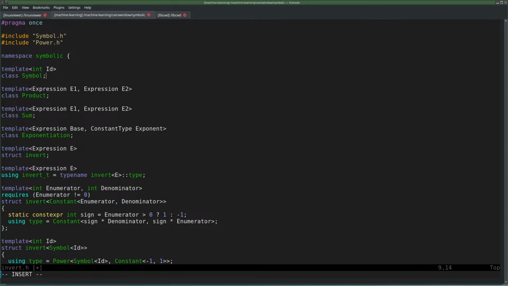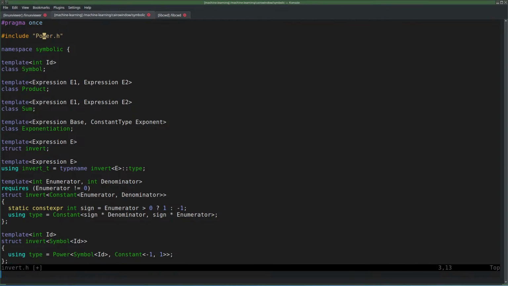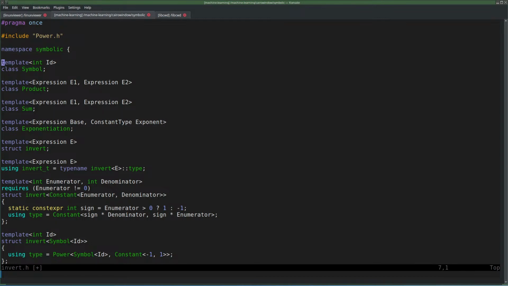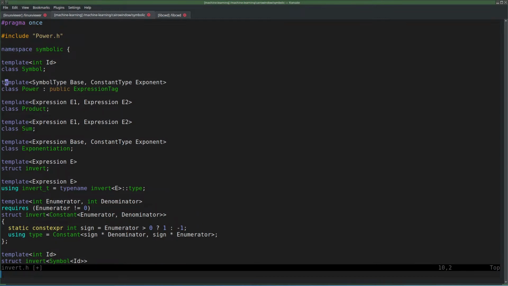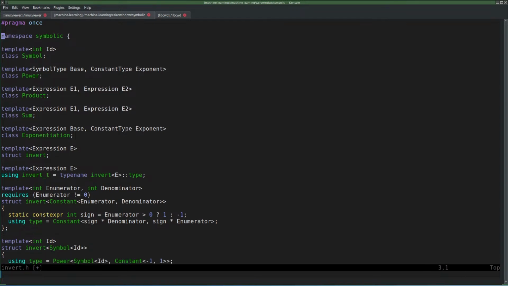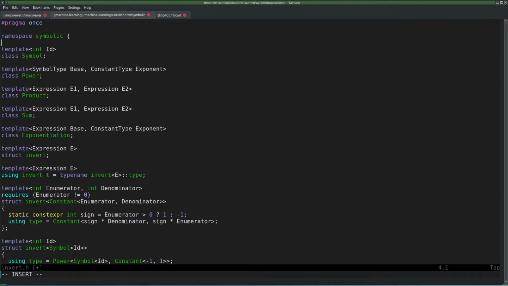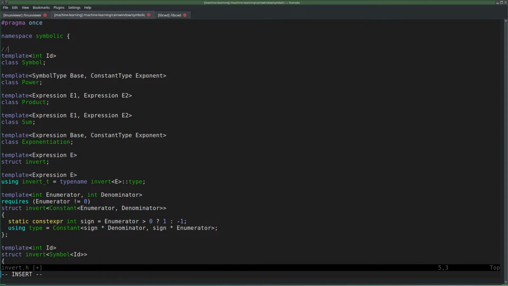Forward declaration of symbol. Forward declaration of power. Now, if a complete moron is looking at this, they might want to know that these are forward declarations. I'll add it.